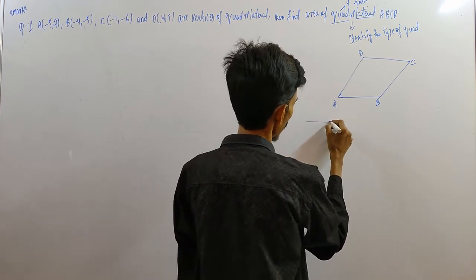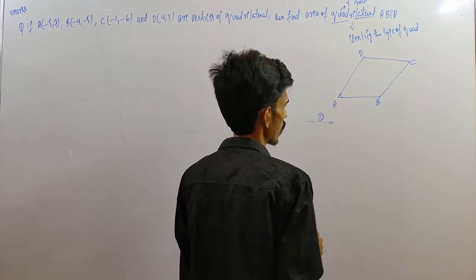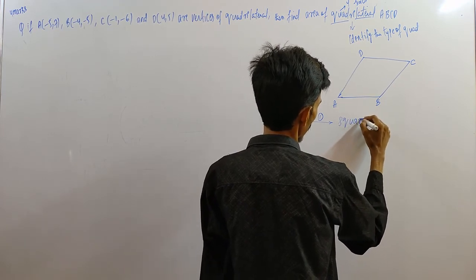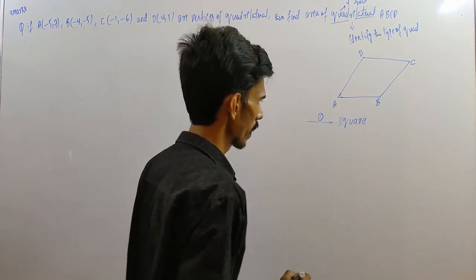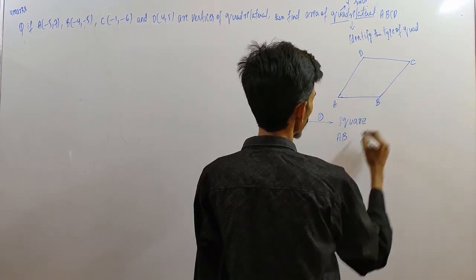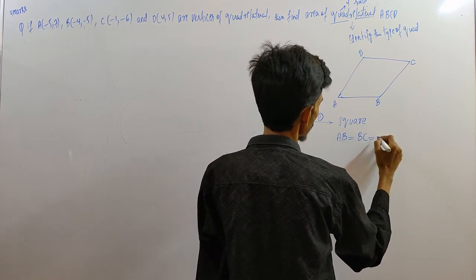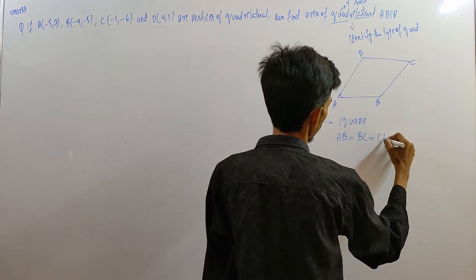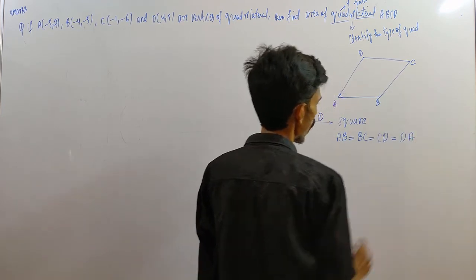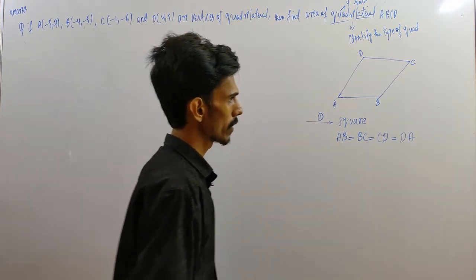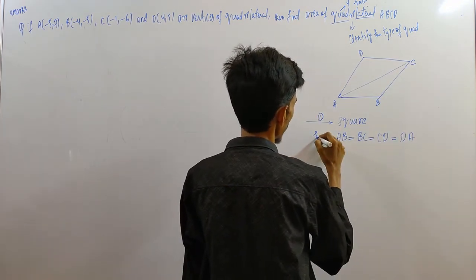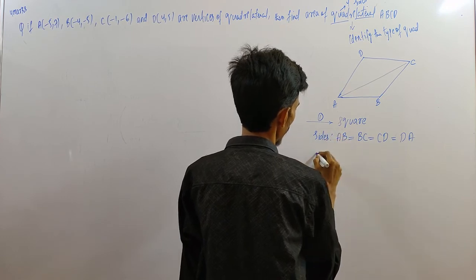If this quadrilateral is to be a square, then all sides should be equal: distance AB equal to BC, equal to CD, equal to DA. All sides should be the same, and the diagonals, these are sides, and diagonals.